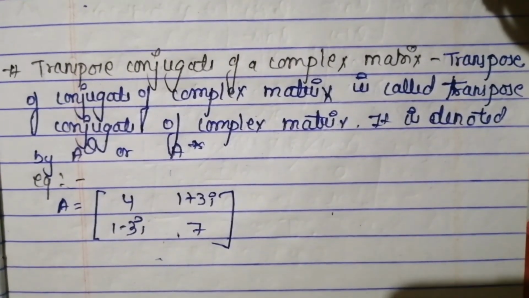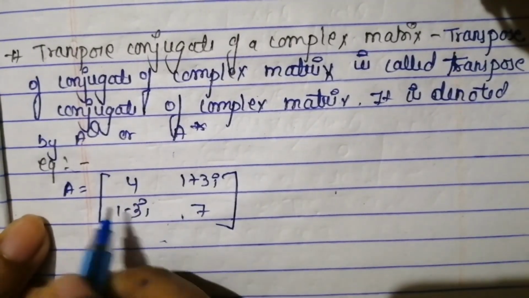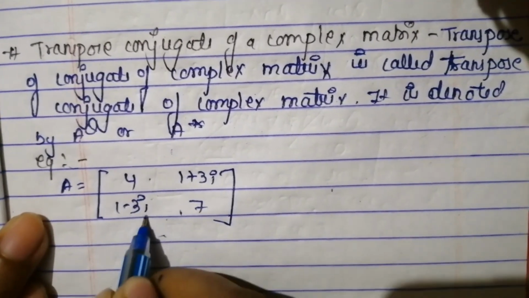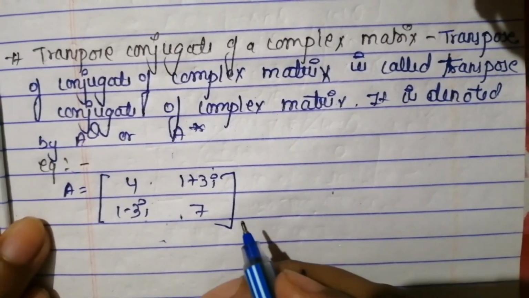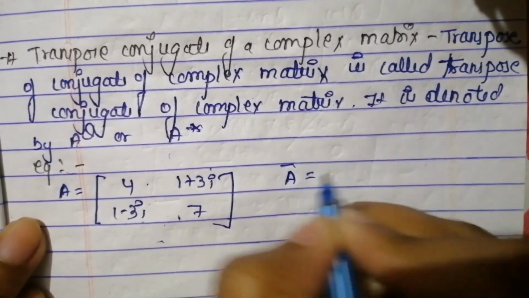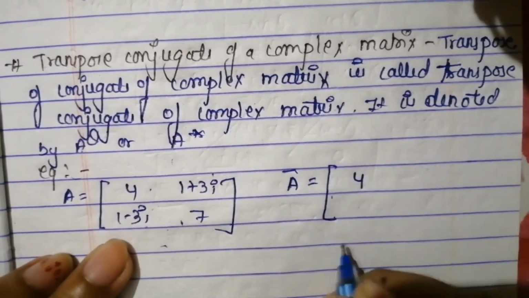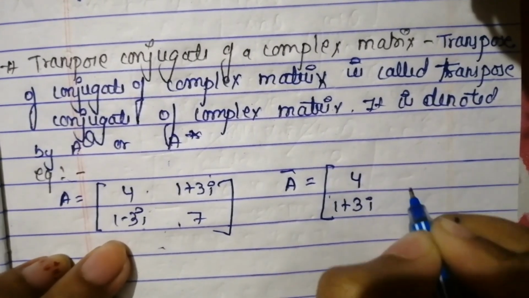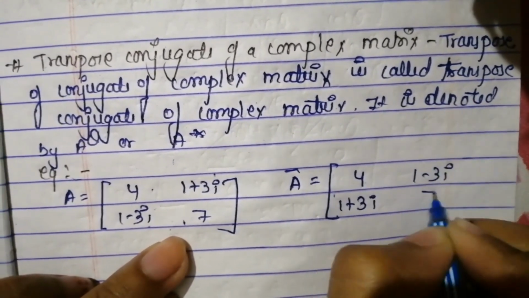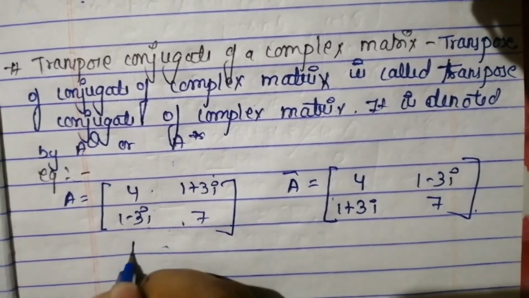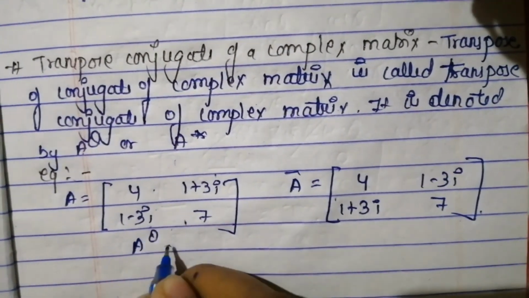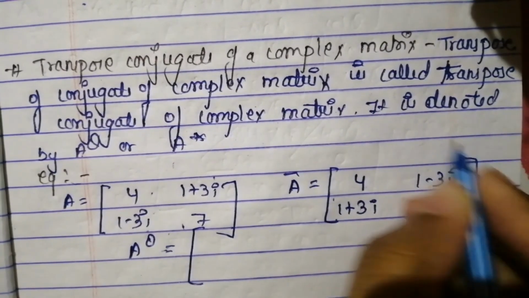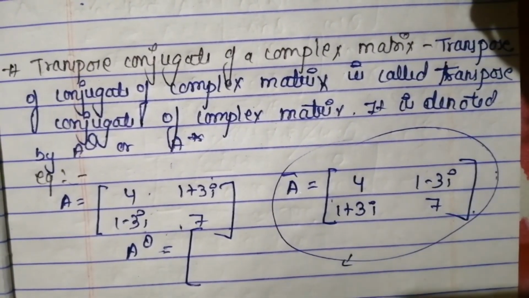In simple words, if we have a matrix A, that is 4, a minus 3 iota, a plus 3 iota, and 7. Firstly, we will find its conjugate. So we will have 4, a plus 3 iota, a minus 3 iota and 7. Now for the transpose conjugate of a complex matrix, we have to take the transpose of this matrix.